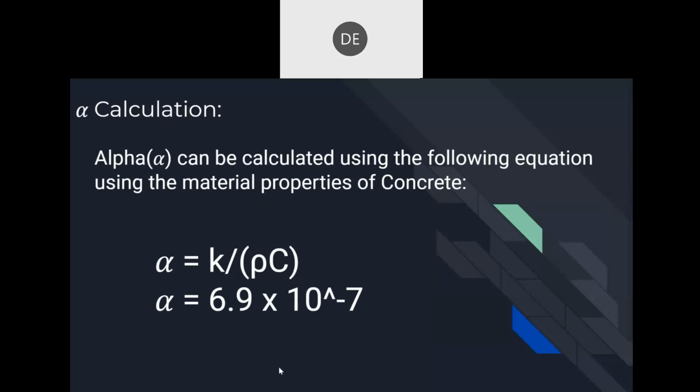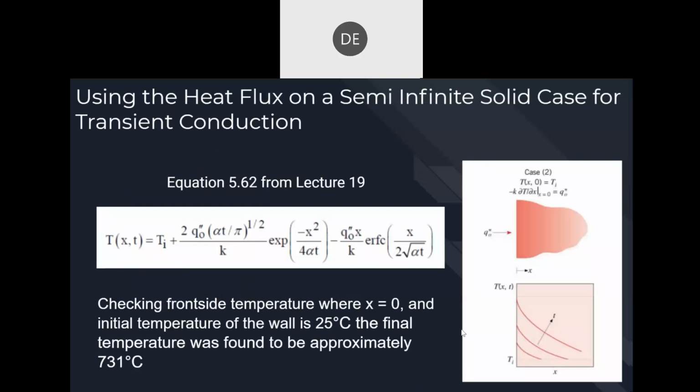So to start, we calculated alpha using the material properties of concrete. Alpha is equal to the thermal conductivity over the density times the specific heat. For this case, alpha for concrete was 6.9 times 10 to the negative 7. So, using the heat flux on a semi-infinite solid case for transient conduction, from lecture 19, equation 5.62, here is the temperature value at a specific point within the semi-infinite solid at a particular time.